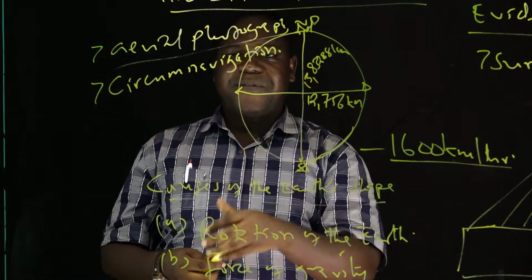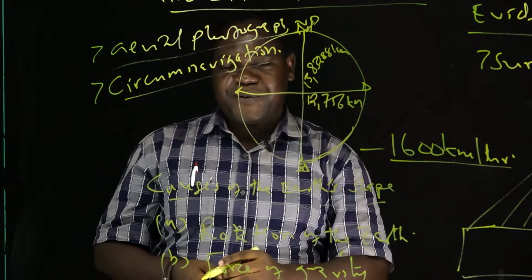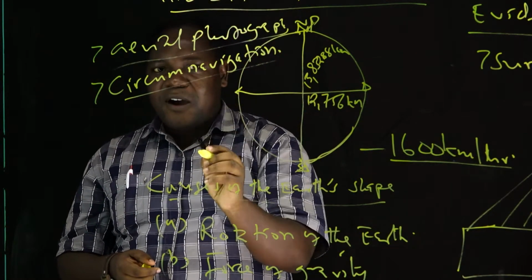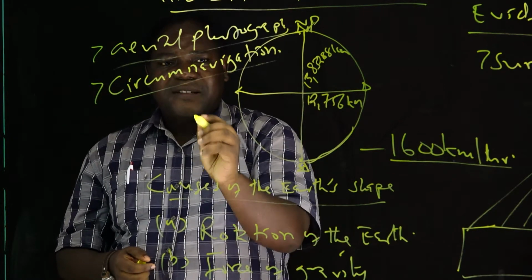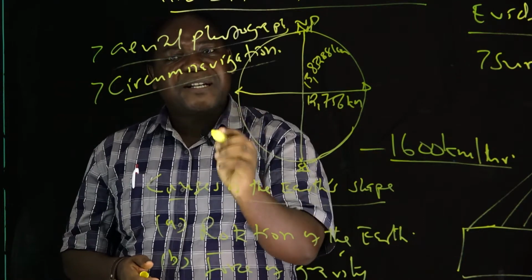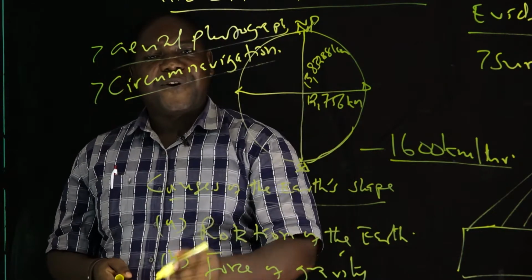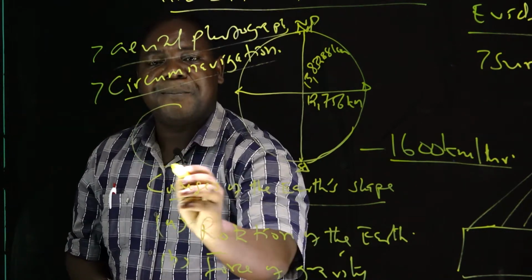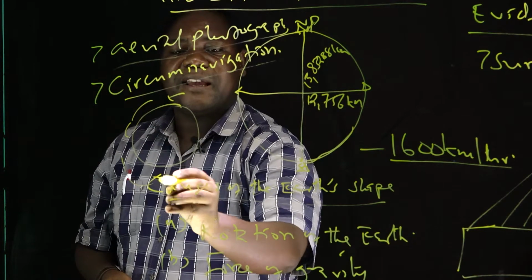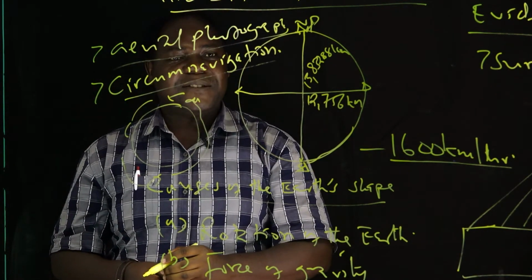So circumnavigation is just moving around. It is said that if one moves around the earth at a certain speed, maintaining the same direction, he will automatically, after a number of days, come back to the point of origin, because the earth bears this shape, and the one who moves around will come back to his former position as he started from.